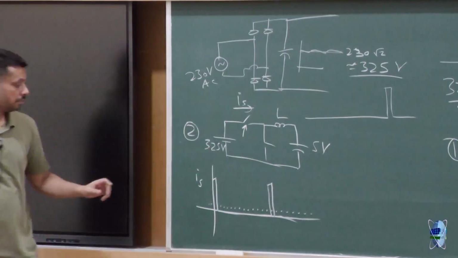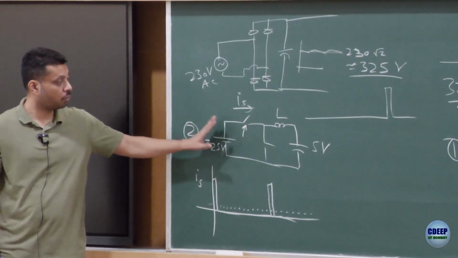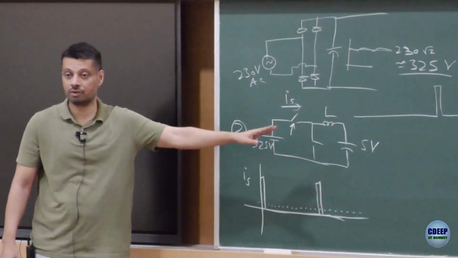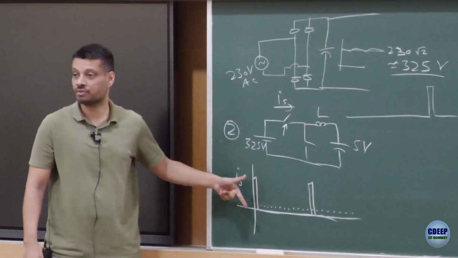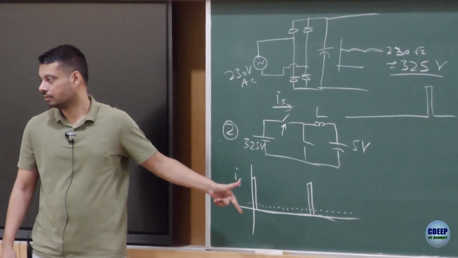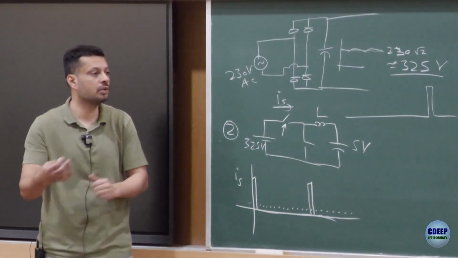That means if you want to do a buck converter with a very large attenuation, you require a switch with a substantially large peak current handling capability, as compared to if you want to buck only 2 times.